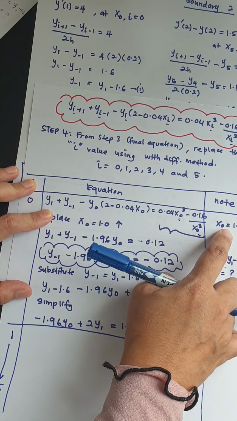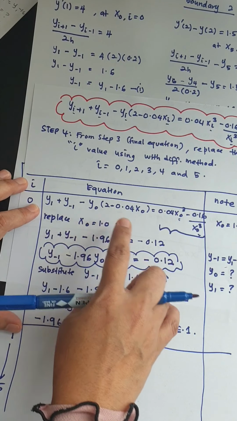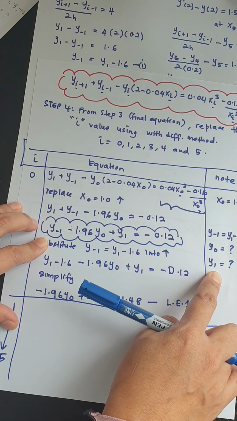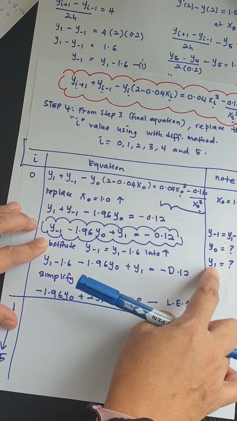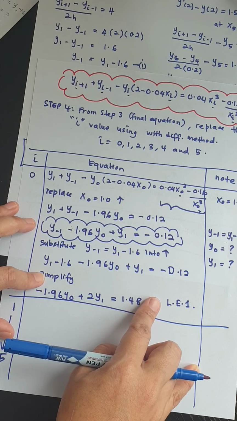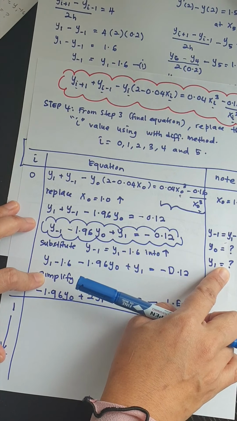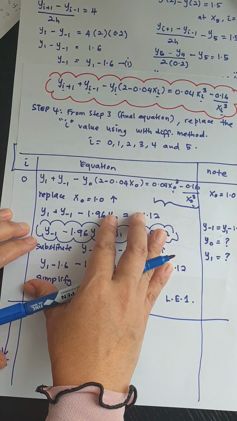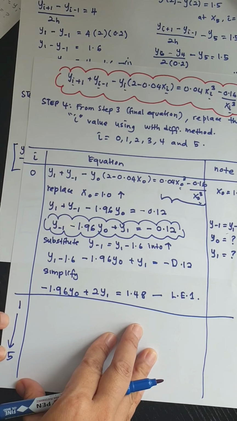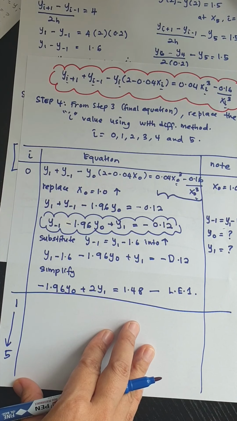Replace the value for x for that particular equation, and then define what are the y's that you have in your simplified equation and substitute the value if you have it, but if you don't have it, that means you have to leave it as a question mark. So you're going to repeat these steps. I'm going to show the final answer for y1 until y5, and then we can go to step 5 after this.